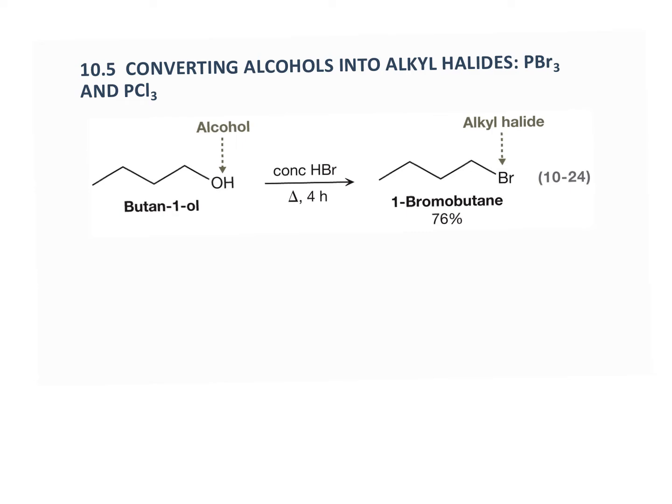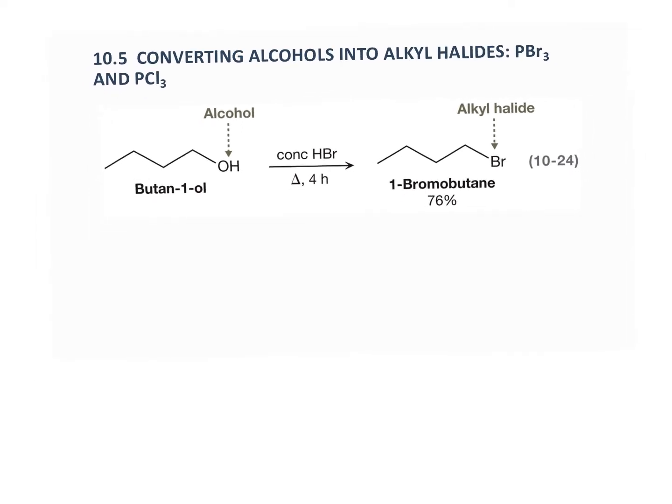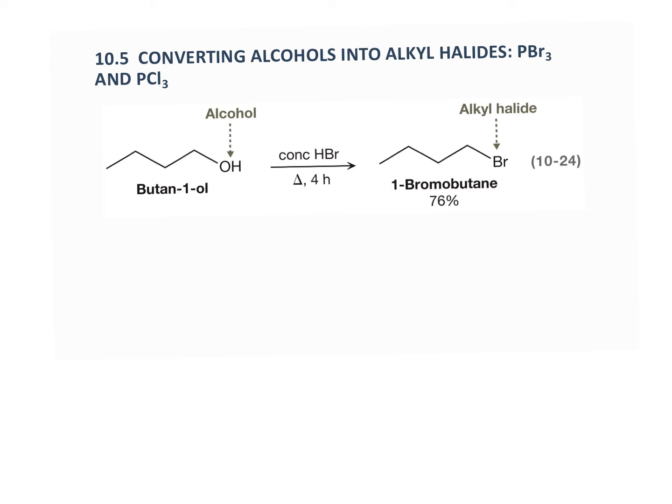Hydrobromic acid is a strong acid, so these are considered acidic conditions. Under acidic conditions, the poor leaving group of the alcohol is converted to a very good leaving group through a proton transfer reaction.